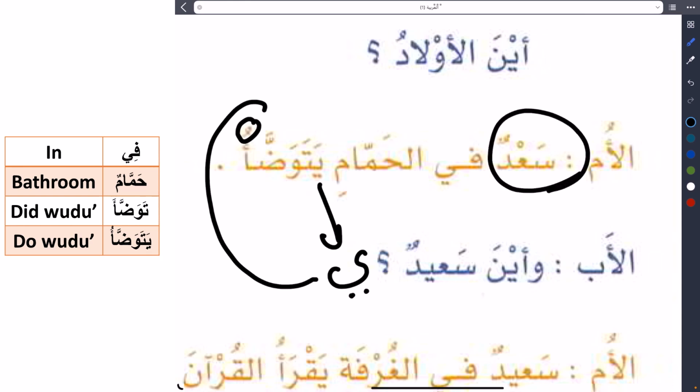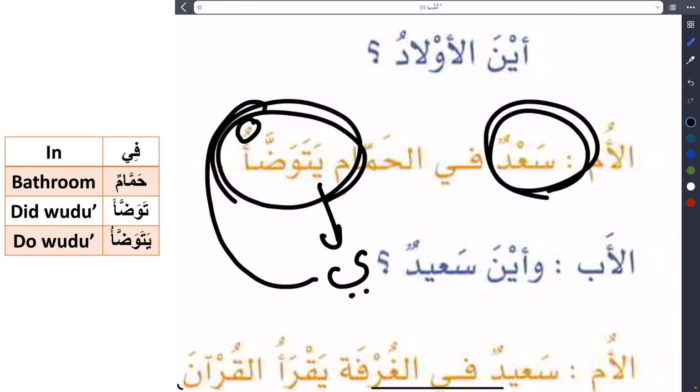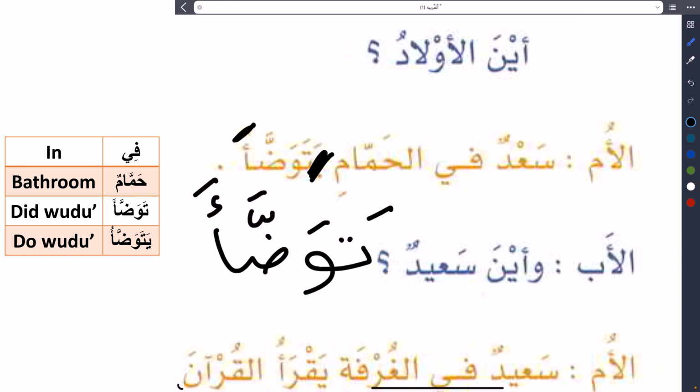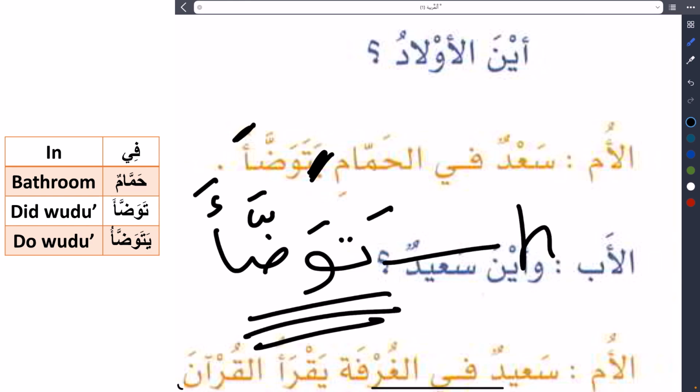And we said how to form the past from the present. Remove the ya, put fatha at the last. Tawadda'a. Tawadda'a means did wudu or he did wudu, because that's only used with he.